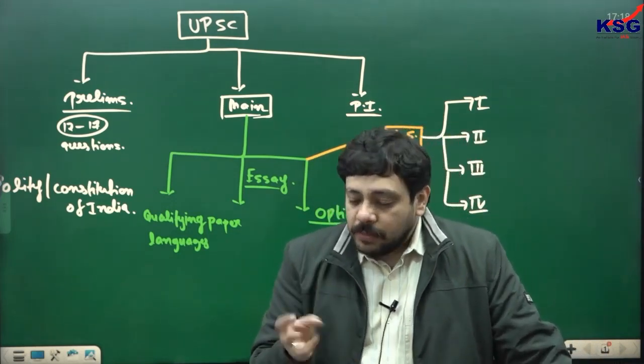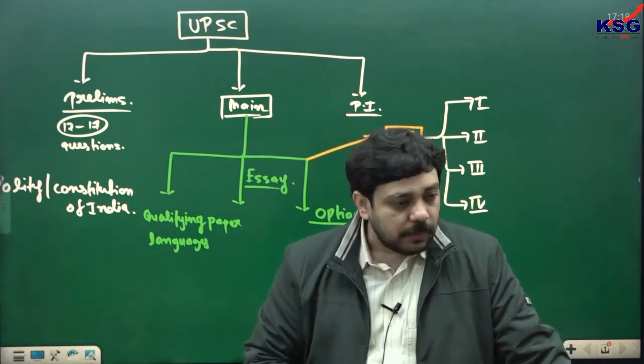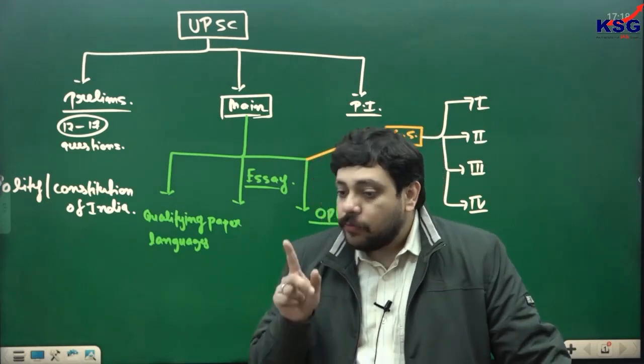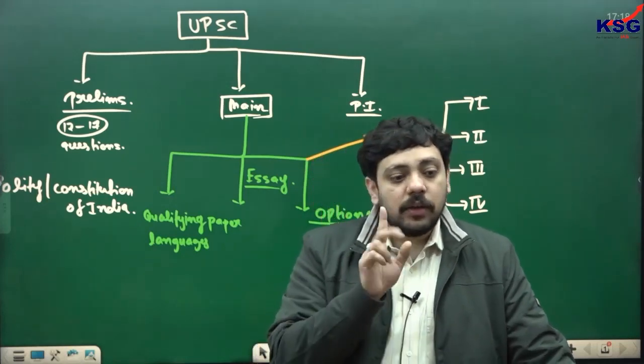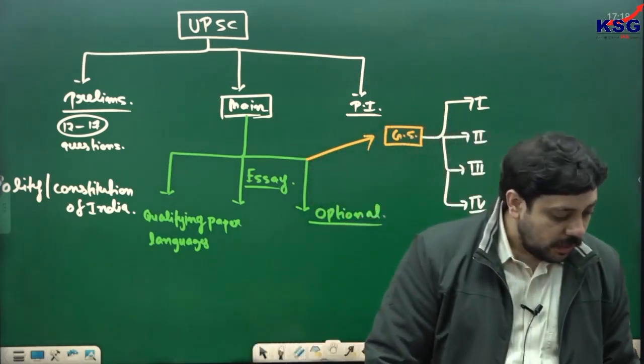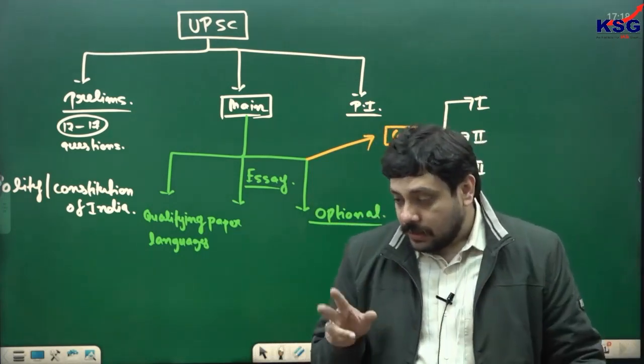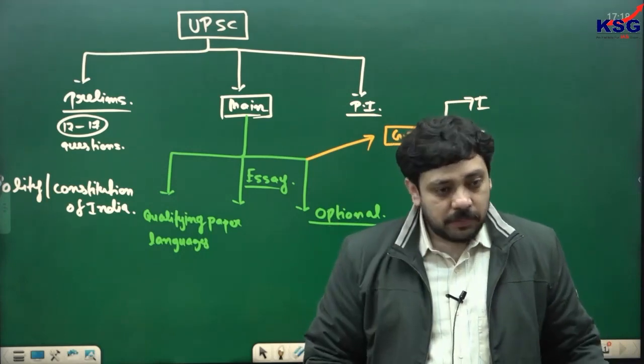If you see, for example, the qualifying paper is simple, but if you take a look at essay and optional, and compare them with the general studies paper, one thing with the optional and the essay paper is that these are uncertain papers, right?